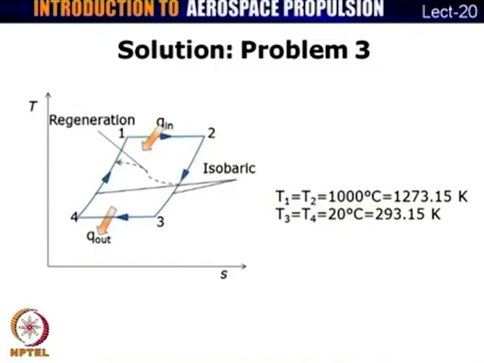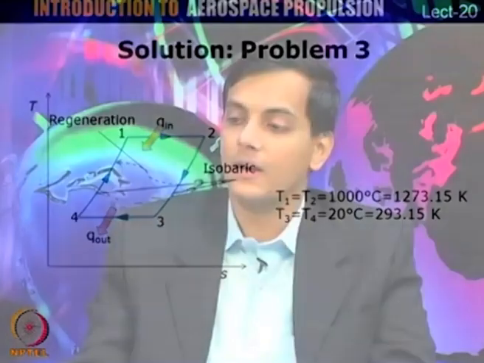And the second process is constant volume regeneration, that is, process 2-3 is a regeneration process in which heat is transferred to an energy storage system, and then during the fourth process, the energy which has been stored is recovered from the thermal storage. So, process 2-3 is a constant volume regeneration process.